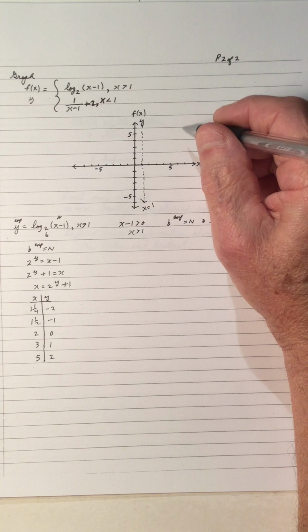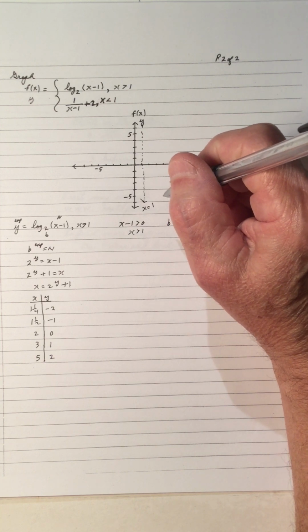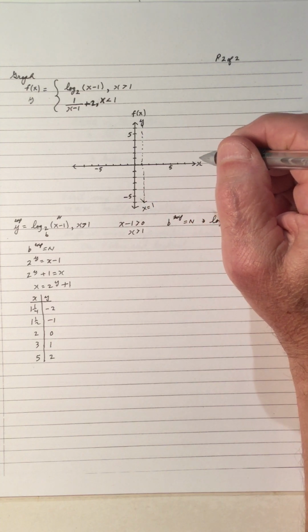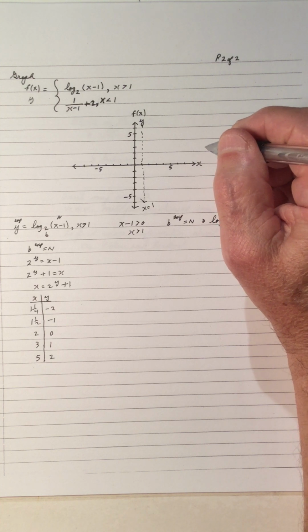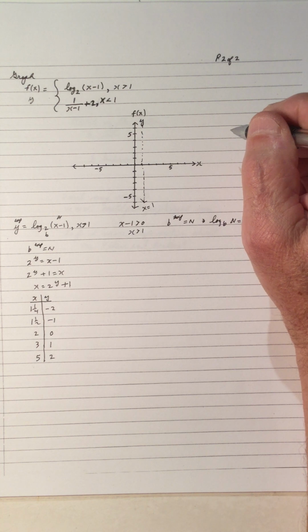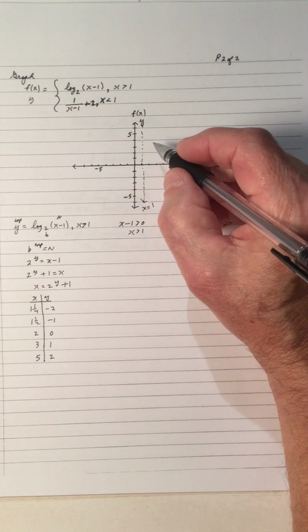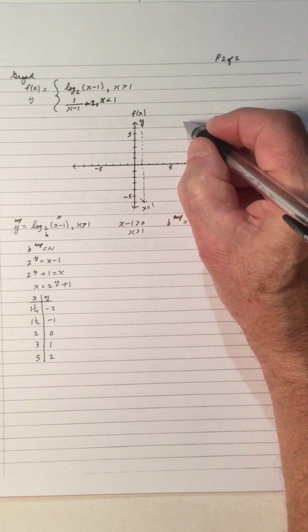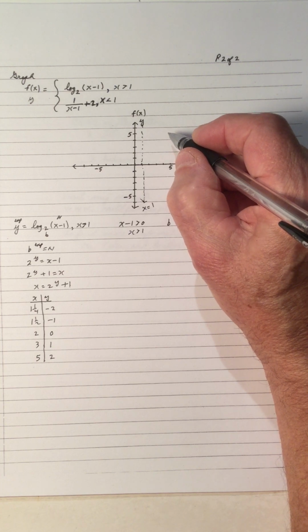In an exponential, the domain is reals and the range is greater than some number, the y values. And in logs it's reversed. In logs the domain is greater than some value of x and the y values are reals.